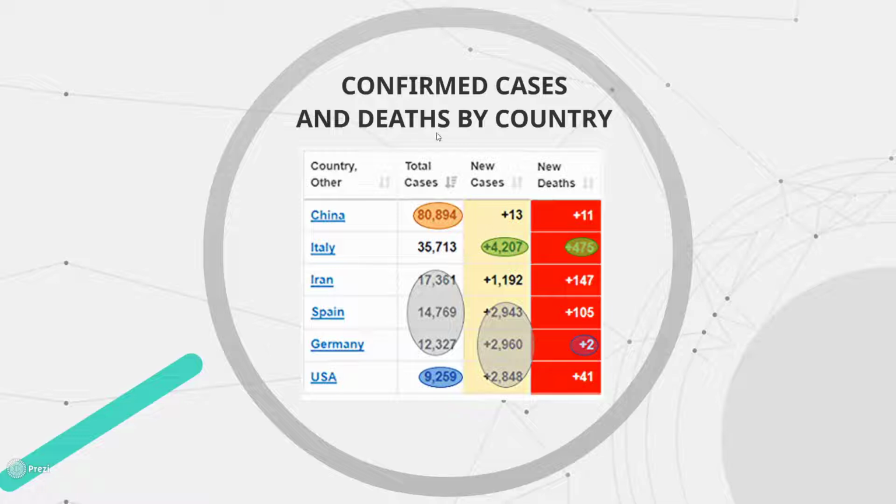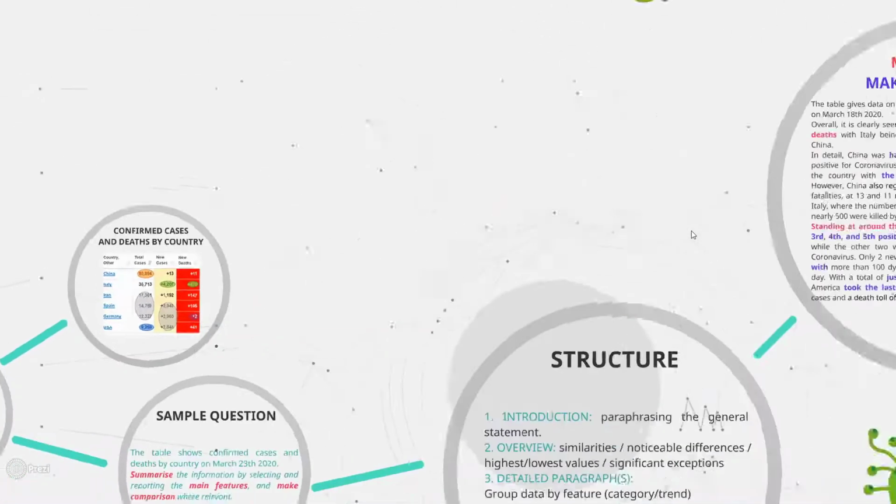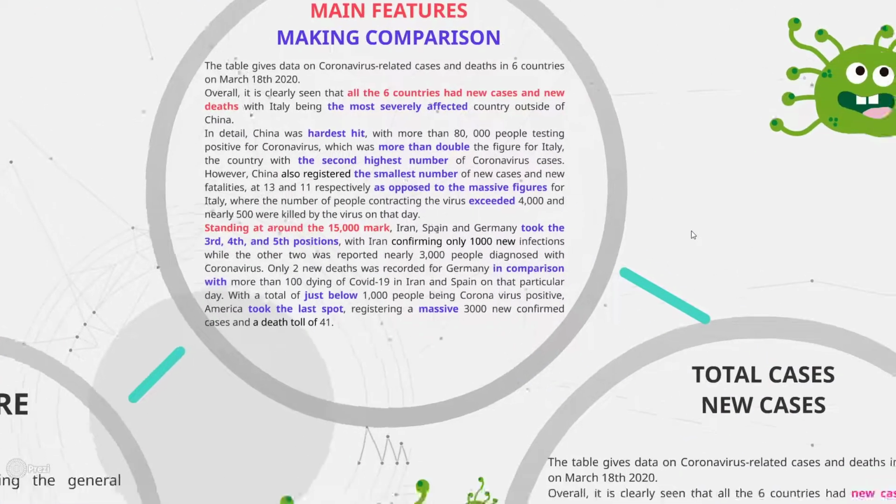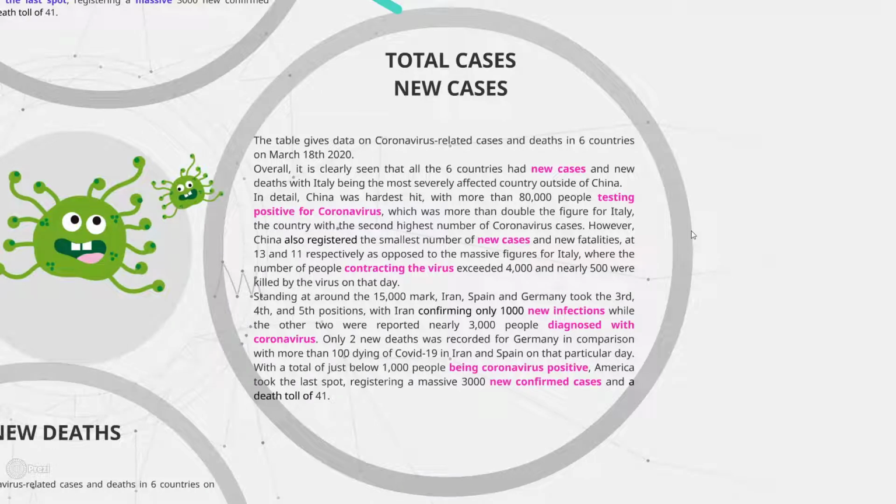So if you want to describe each one, then you have to repeat those phrases many times in your writing. So in order to avoid repeating words or phrases, you have to find synonyms or find other structures to express the same meaning. And let's see how I have used synonyms and different structure to express total cases or new cases.